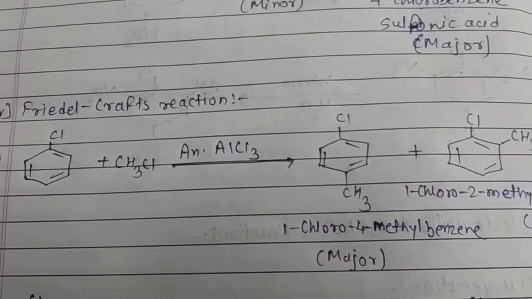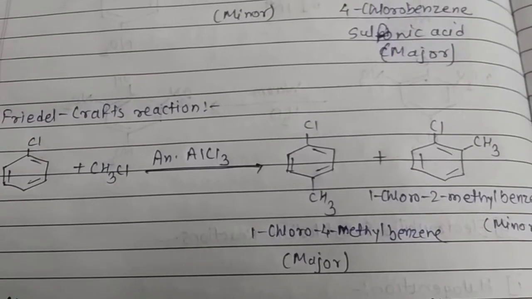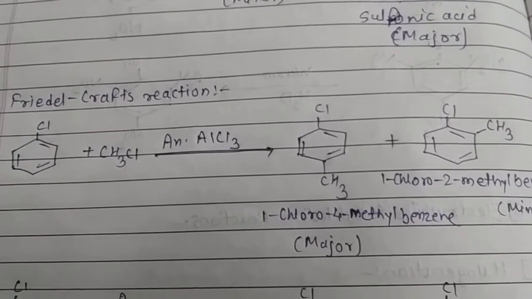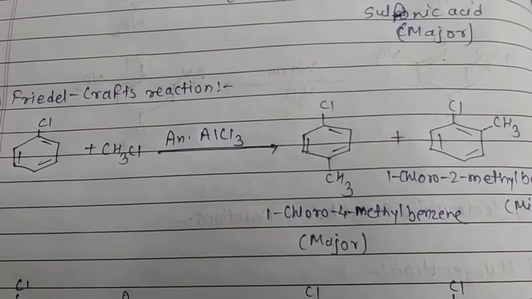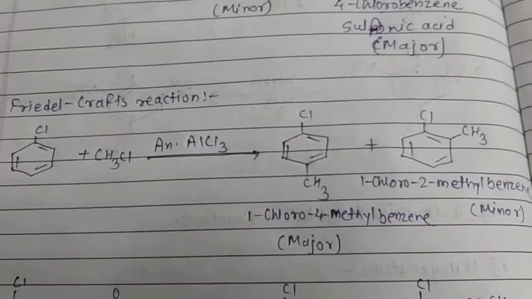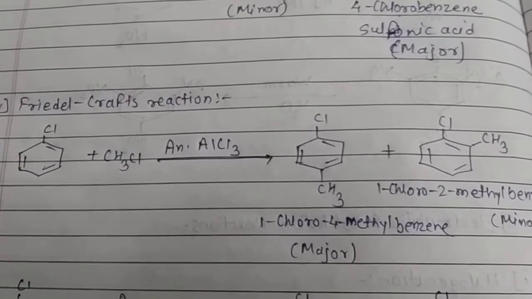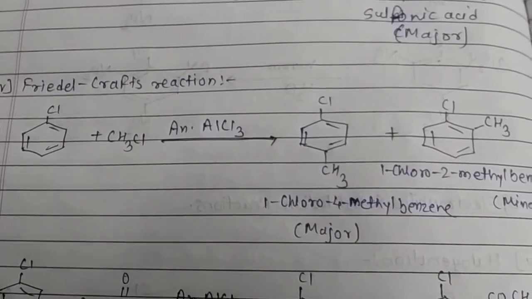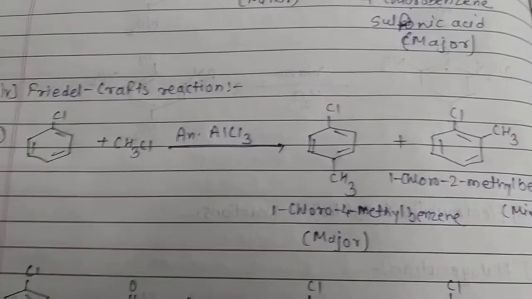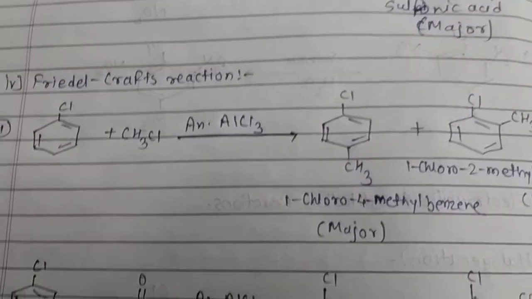So attack of the electrophile takes place at the ortho and para positions, and again the para isomer is the major product. So with anhydrous AlCl3, 1-chloro-4-methylbenzene is the major product and 1-chloro-2-methylbenzene is the minor product. This reaction is known as Friedel-Crafts alkylation because an alkyl group is substituted.